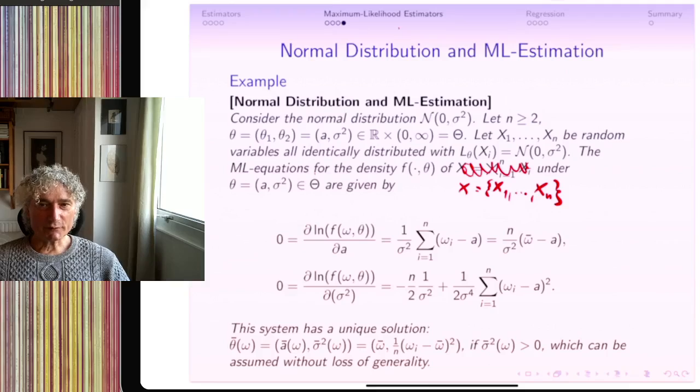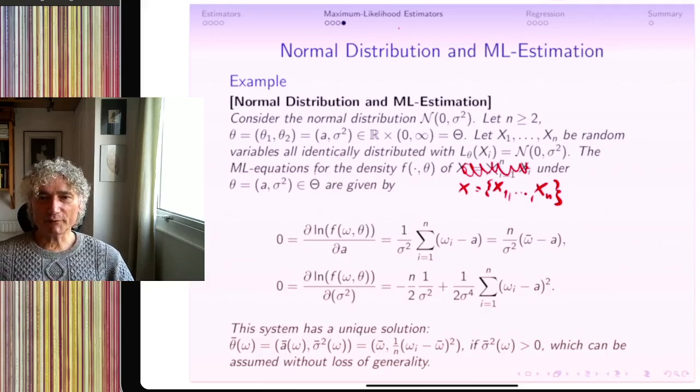And if you now compute the ML equations from the previous slide, then you get this result. You first have to build the partial derivative of f with respect to the mean, and then look at the partial derivative with respect to the variance sigma squared.